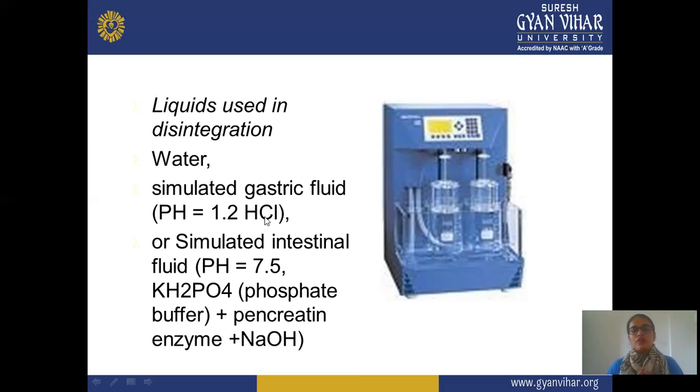And if you require to show the effect or disintegrate the tablet in the intestine, in this condition you require to disintegrate your tablet in alkaline or basic pH, approximately 7.5, with KH2PO4, that is phosphate buffer, plus pancreatin enzyme, plus NaOH, which you also use in case of intestinal fluid.